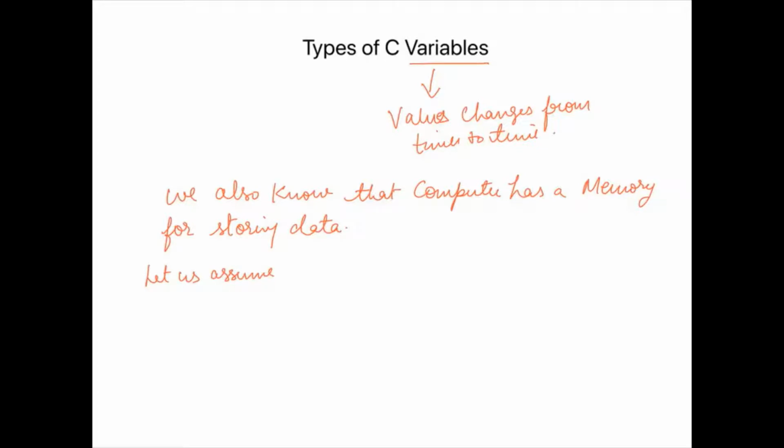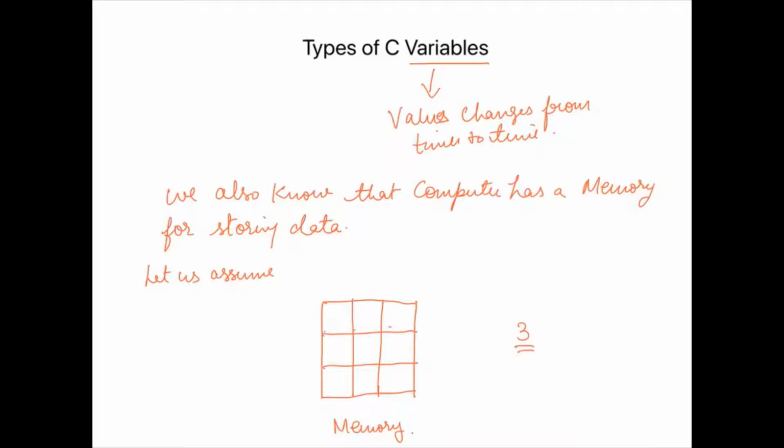Now let us assume a memory of a computer in the form of a square. This is a memory of a computer, which we have assumed. Now it has got different locations. There are a total of 9 locations. Now if I give you a data, let's say 3, and you want to store this data in any of the locations, you can do it, but the computer will be confused about which location this data has been stored in.